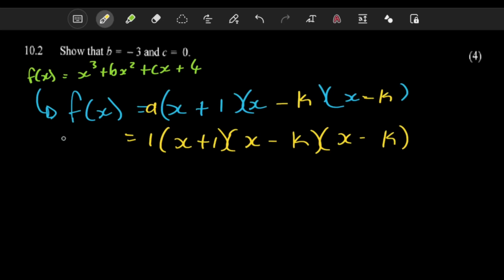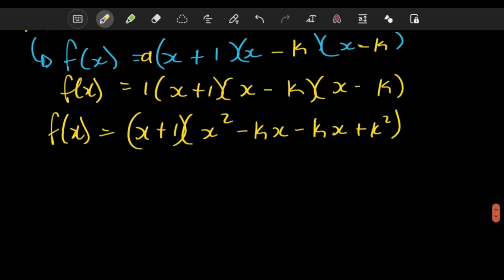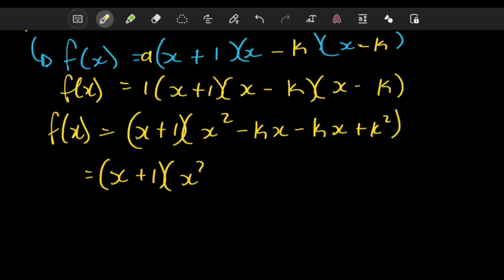So the big idea here is, this is what f of x is. If you FOIL out everything, you have x plus 1 outside, and then x times x gives you x squared, x times a negative k gives you a negative kx, and again a negative kx, and then k squared. Simplifying some more, you get x squared minus 2kx plus k squared, which is f of x.